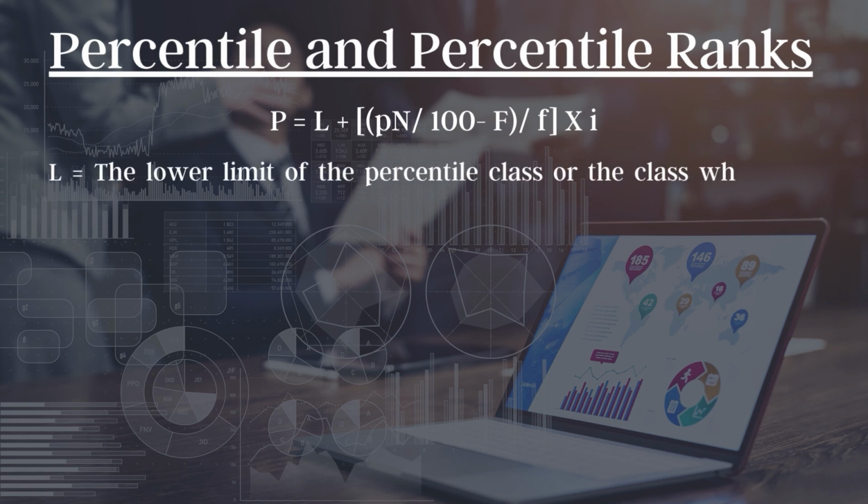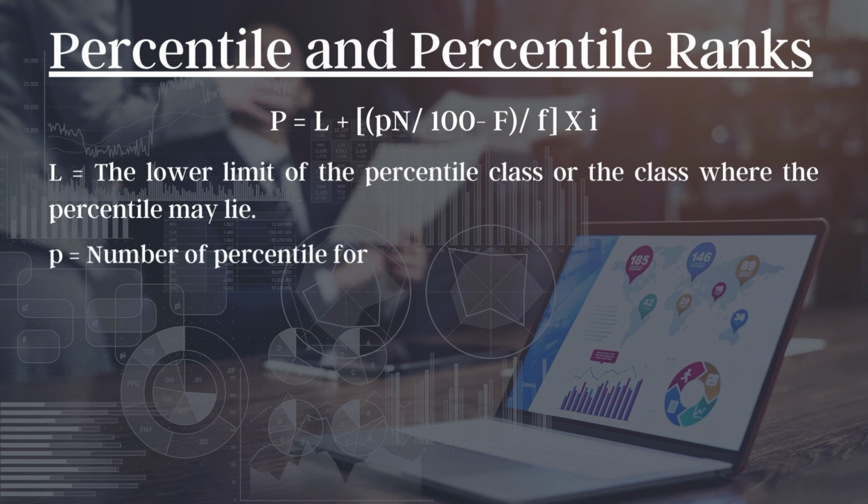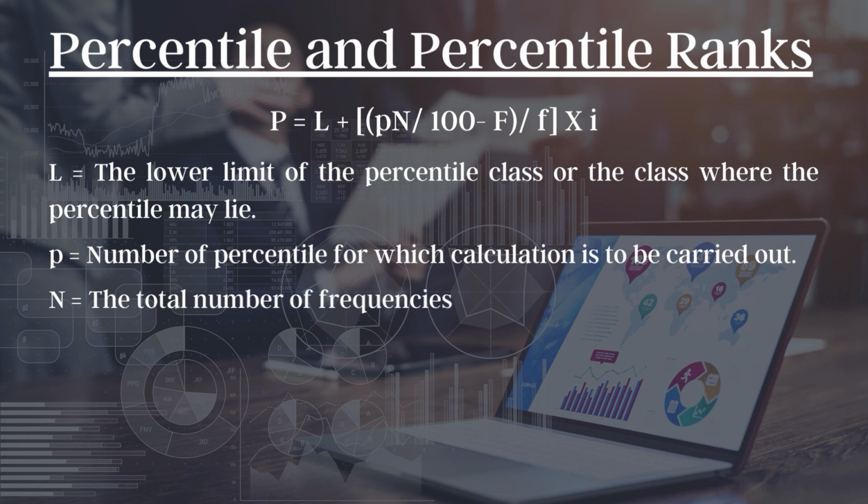And this is the formula on the screen that shows how we can calculate the percentile. It is the lower limit of the percentile class, or the class where the percentile may lie. This we need to calculate, and then accordingly we can put all the figures into it. Small p is the number of the percentile for which calculation is to be carried out. N is the total number of frequencies.